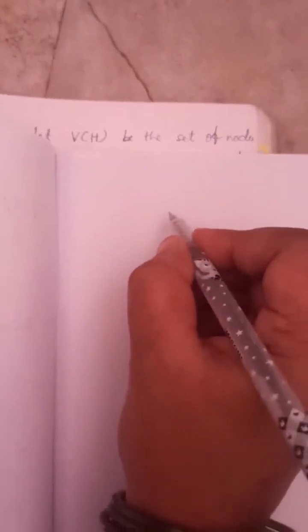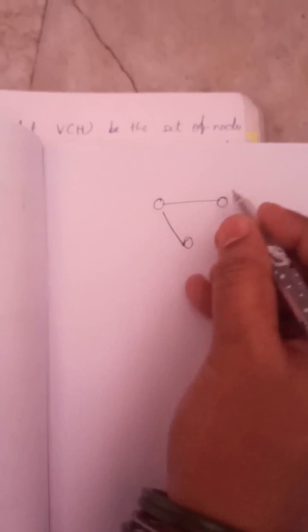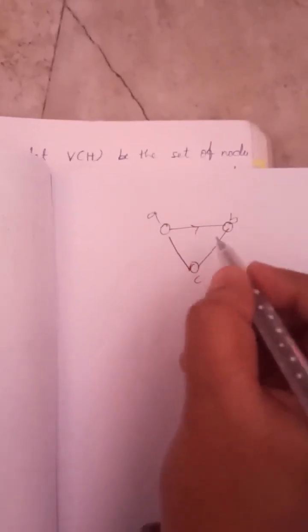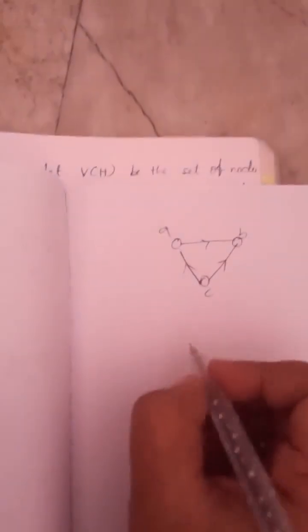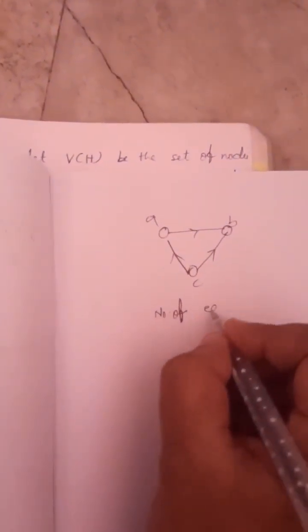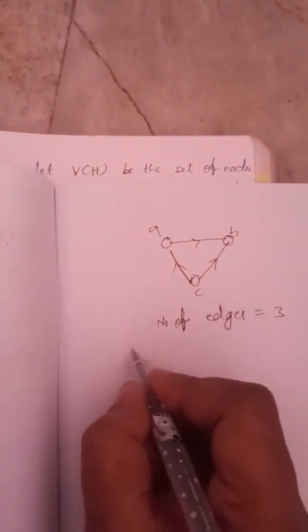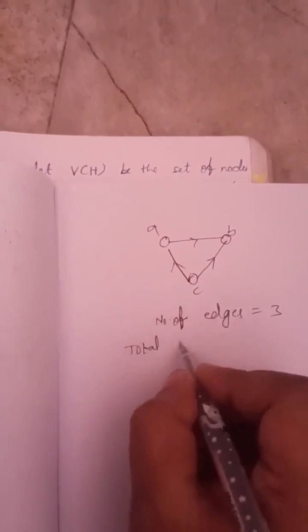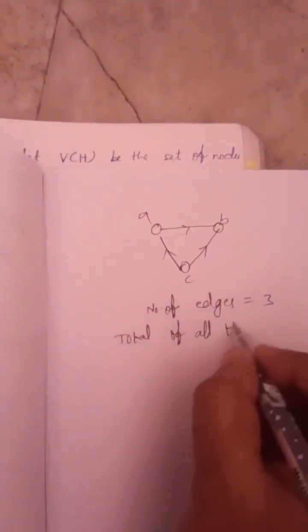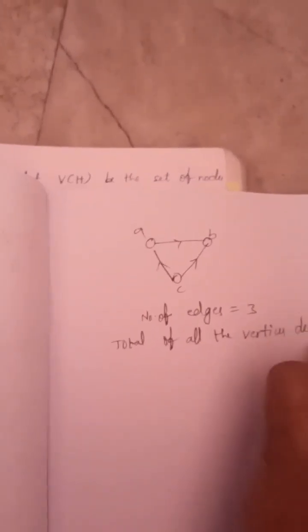Let us see another graph. In case I consider A, B, C, this is the graph and this is directed also, and here the number of edges is equal to 3 and the total of all the vertices' degree is equal to how much?